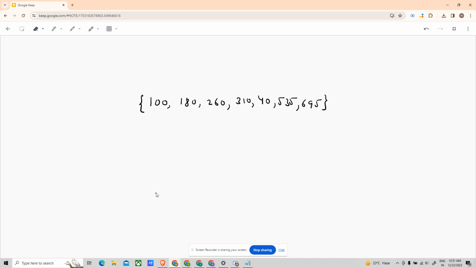Suppose this is 100, then going to 180, then going to 260, then going to 310, then going to 40, then going to 535 again, then going to 695.